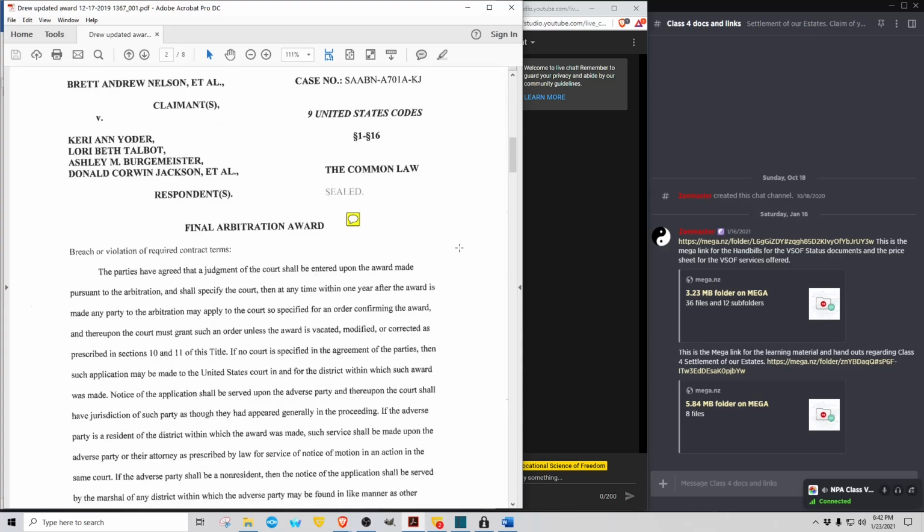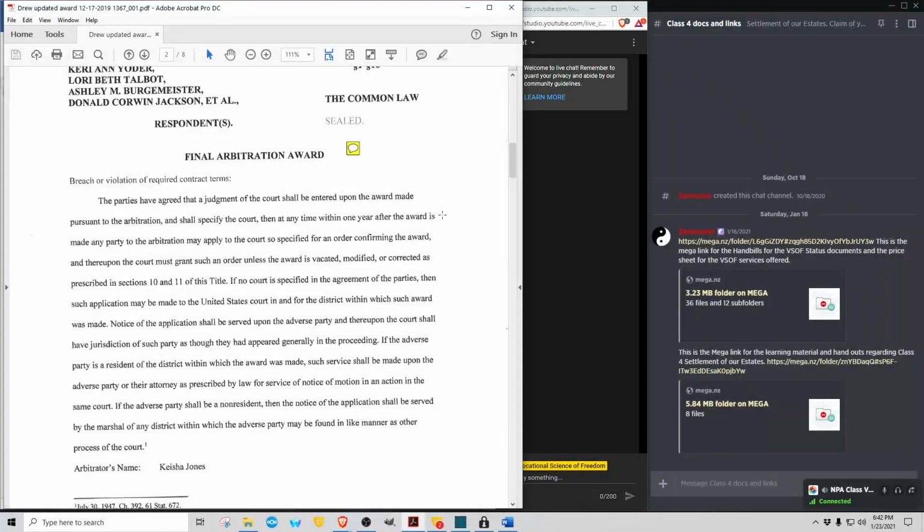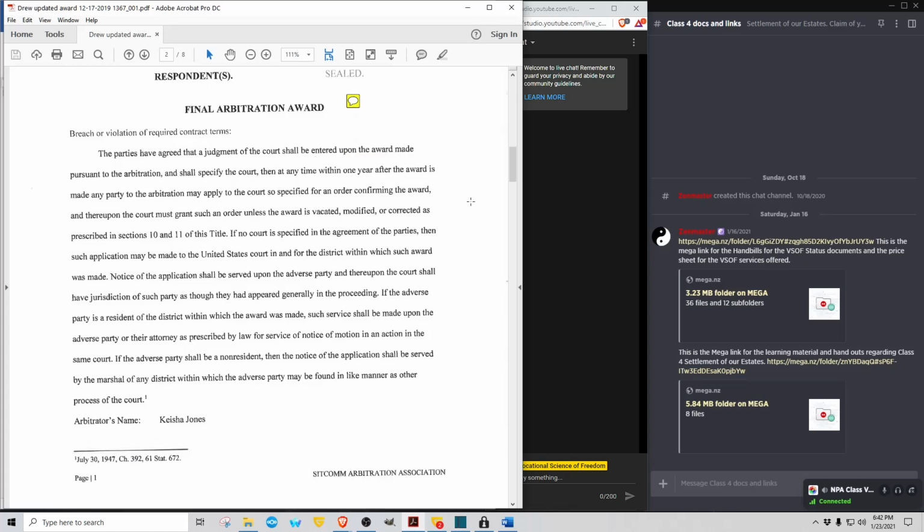So, final arbitration award. And by the way, this is an updated award. There was an award before this, and then this was the updated award that got fixed because the arbitrator missed a clause that we specifically made a point of, and she said, "Oh yeah, sorry, that was my bad." As you could tell from the thoroughness of the KW, going on for 33 pages, I don't mind sometimes that somebody might miss something.